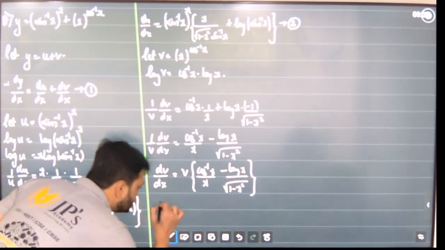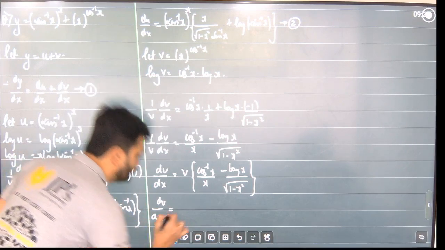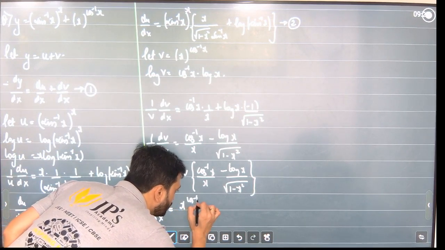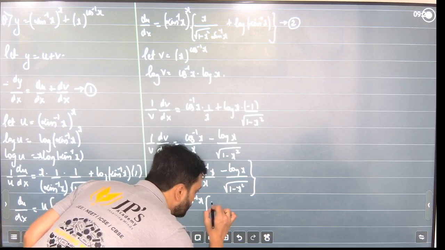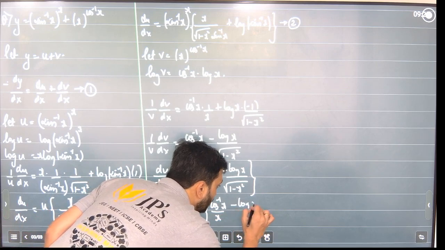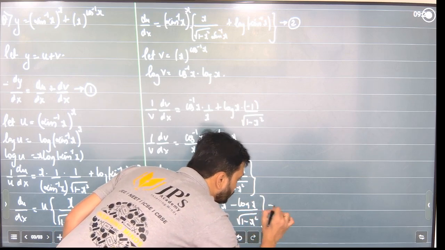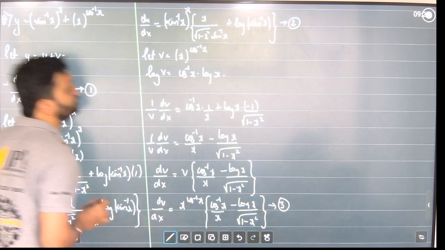And now I'll just substitute the value of v. If you see, this is your v, x raised to cos inverse x. So x raised to cos inverse x into cos inverse x upon x minus log x upon under root of 1 minus x square. This is your equation 3.